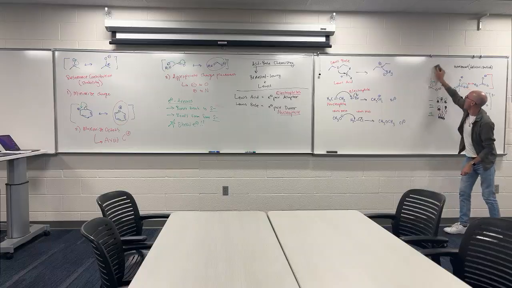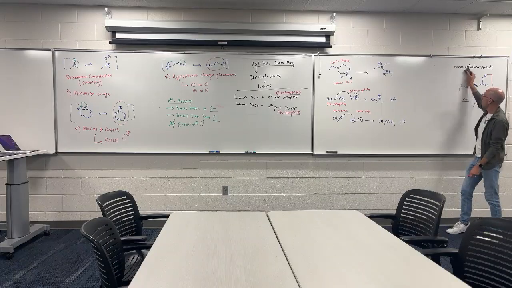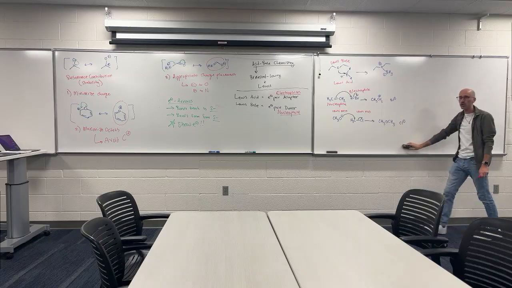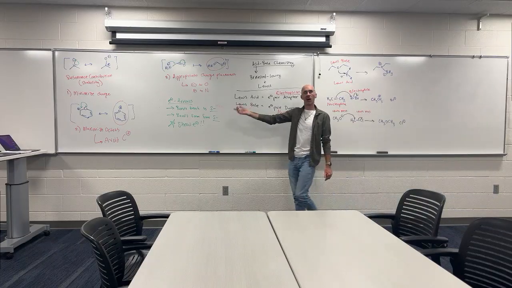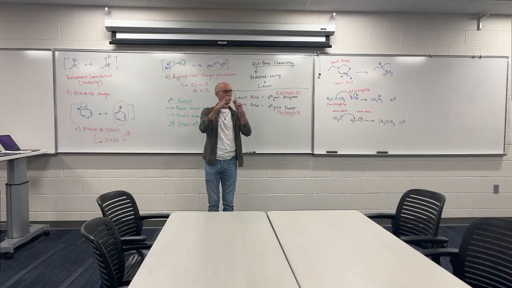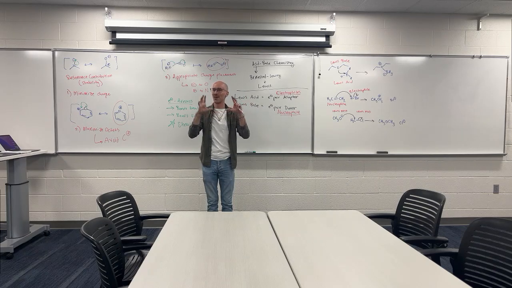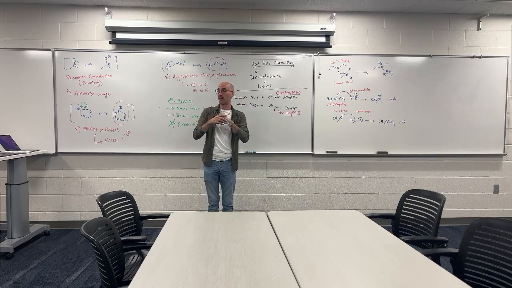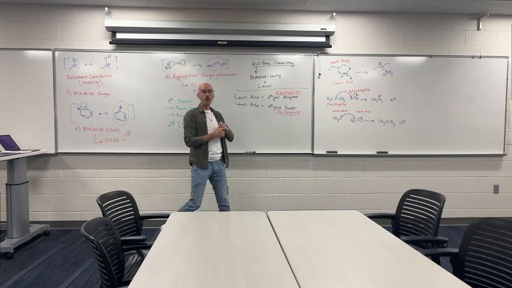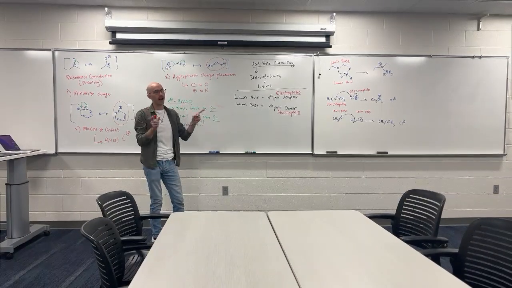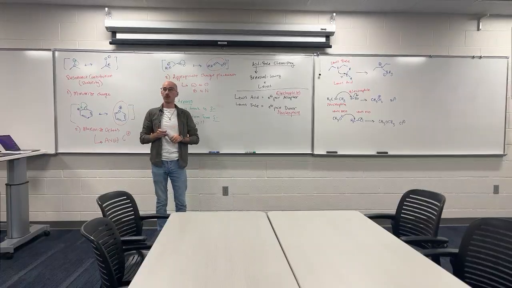All other types of acid bases are Lewis acid bases, but not all Lewis acid bases are the other types. That's the idea that all squares are rectangles, but not all rectangles are squares. All other acid bases are Lewis acid bases, but not all Lewis acid bases are Bronsted-Lowry.